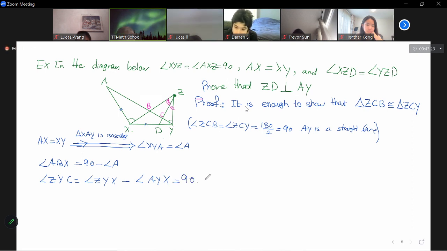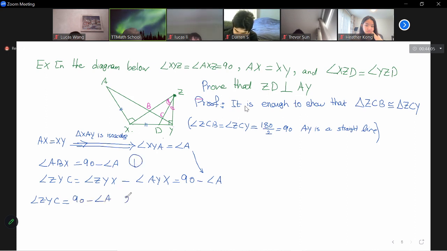So basically this is 90, but the angle AYX, according to this triangle, which is basically this angle, is exactly the angle A, right? So now what we have proved is that the angle ZYC is equal to 90 minus the angle A, right?